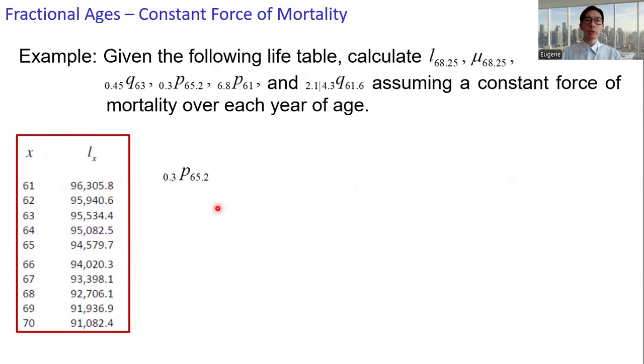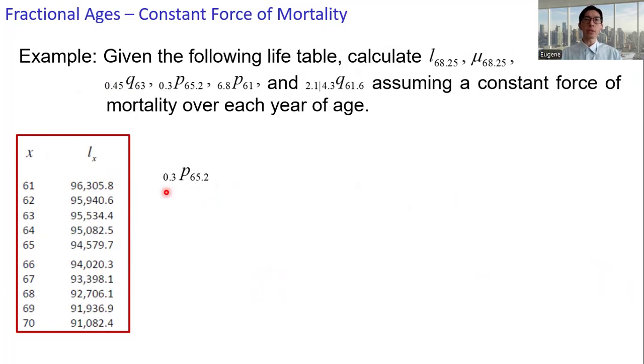The next one, 0.3 p_65.2. The whole interval is between age 65 and age 66. Start with 65.2 with a duration of 0.3 years, up to age 65.5.